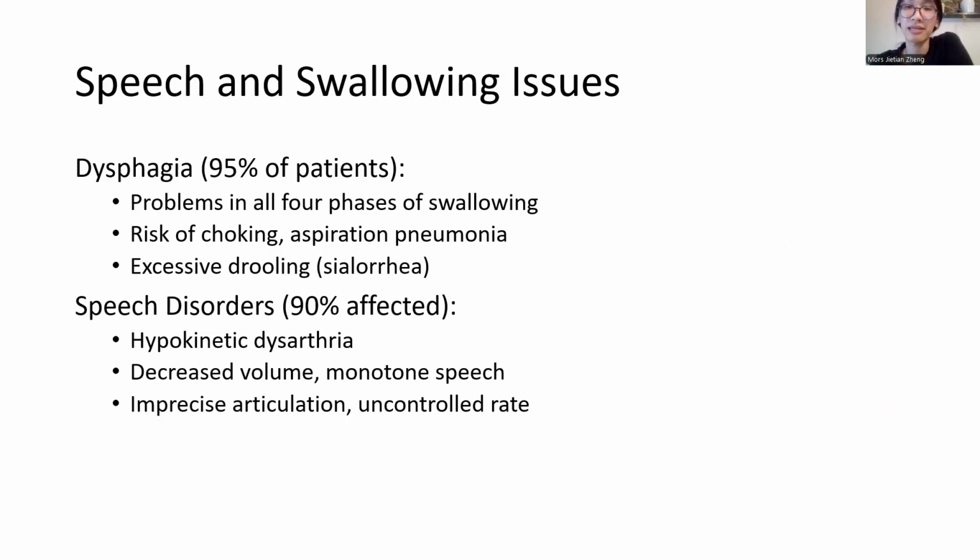Speech disorders affect 90% of patients with Parkinson's disease, characterized by a hypokinetic dysarthria. This includes decreased voice volume, monotone speech, imprecise articulation, and uncontrolled speech rate. The voice quality becomes hoarse, breathy, and harsh, and in advanced cases, patients may speak only in whispers or become mute.